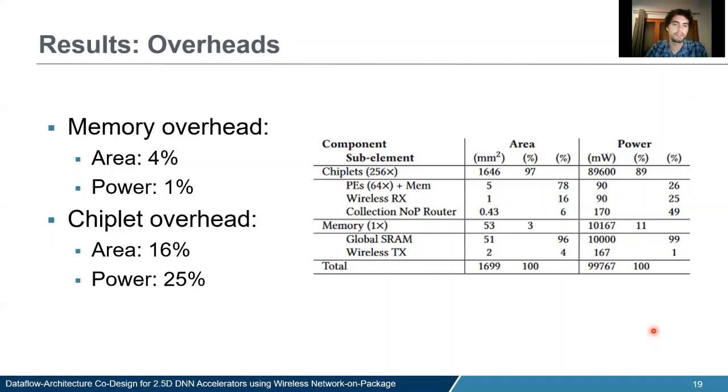This is significant, but this is very well worth it if we consider the throughput and energy improvements that we already commented. We can also see how the area overhead in the chiplet is quite reduced, only 16%. And on the memory side, we see that the overhead is almost unnoticeable, only 1% for the power and 4% in the area.